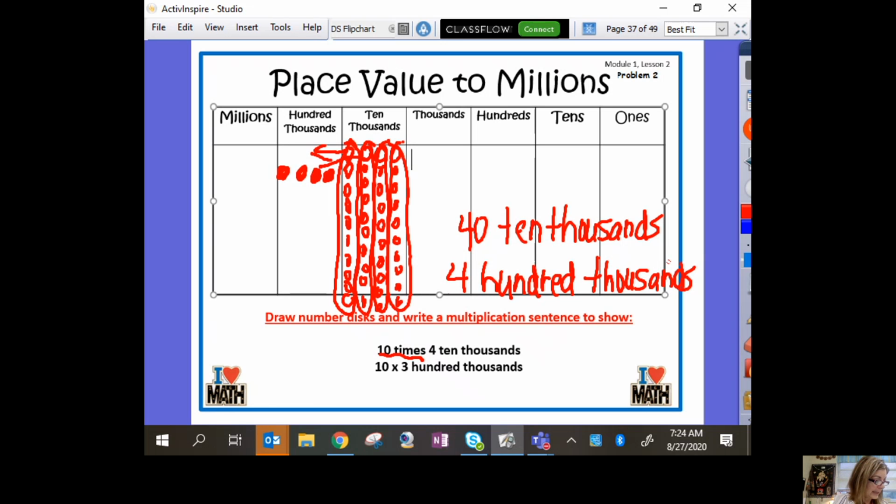I'm going to say that 10 times 4 10,000s is equal to 40 10,000s, which is equal, if you can see that right there, to 400,000s.